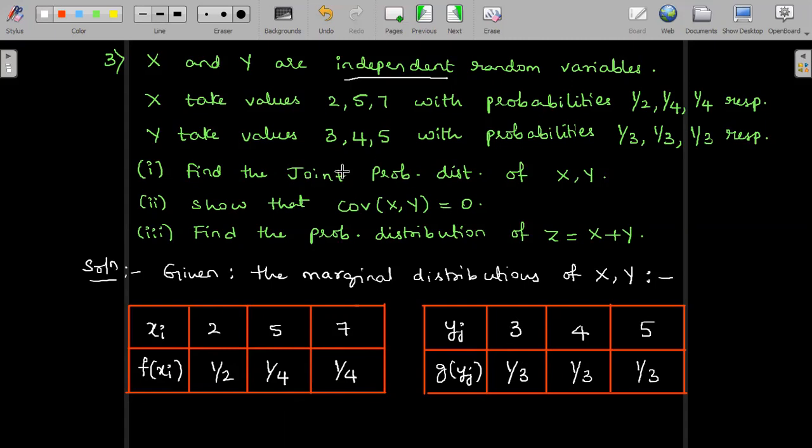Now, the first part of the problem is to find out the joint probability distribution of X and Y. To find it, the given data which says that X and Y are independent random variables is very important. So we can use the property of independent random variables.